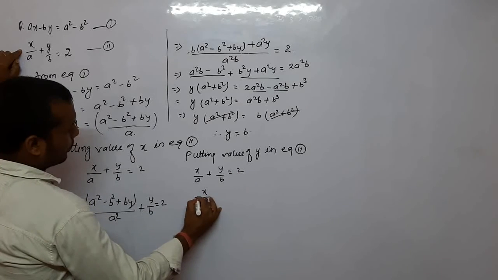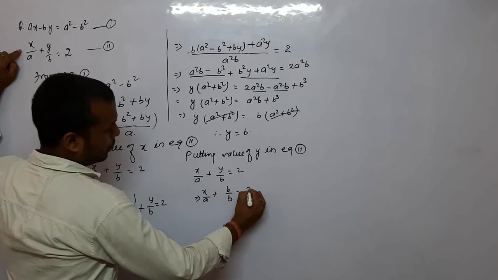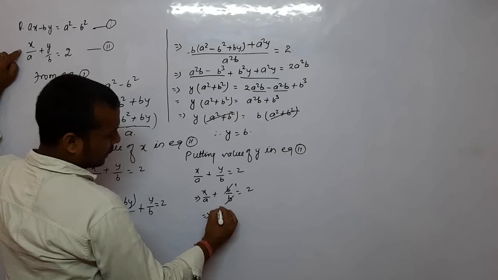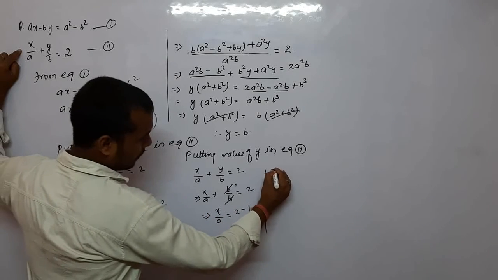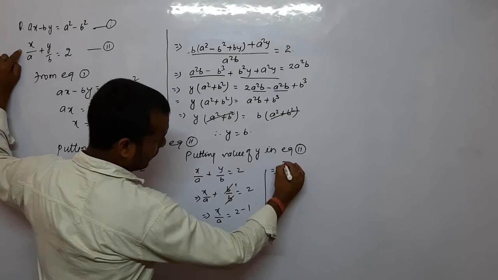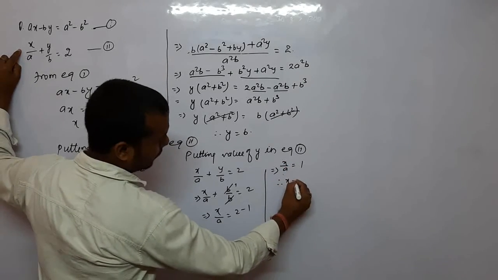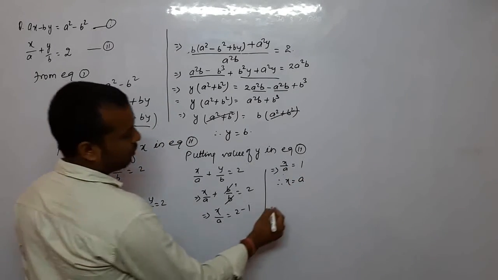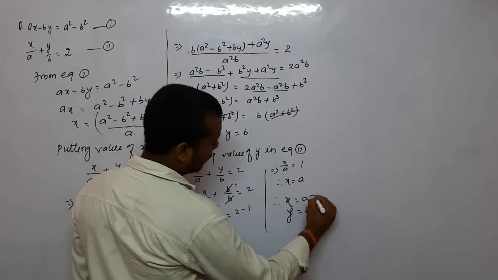X by a, at the place of y, just substitute b, b by b equal to 2. B will get cancelled out, 1. X by a plus 1 equal to 2, so x by a equal to 2 minus 1. X by a equal to 1. Therefore, the term will get cross multiplied and you will get x equal to a. Finally, we have obtained x equal to a and y equal to b.